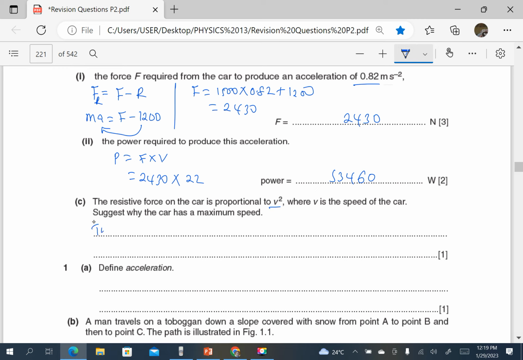So there is a maximum power from the car, and when the resistive force is equal to the force produced by the car, there will be no acceleration.